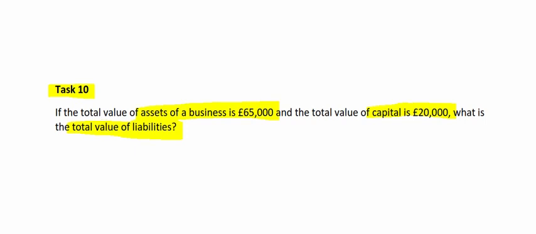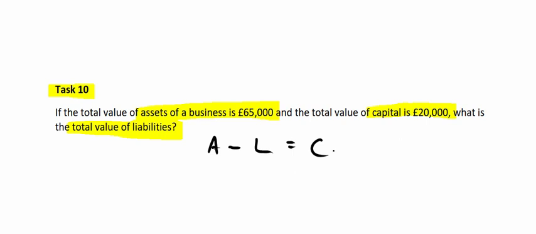The accounting equation is just a way of showing the way the balance sheet works in a formula. And the way the balance sheet works is that if you take the assets that the business owns and deduct the liabilities that the business owes, that should equal the capital, which is at the bottom half of the balance sheet. So A minus L equals C, assets less liabilities equals capital.